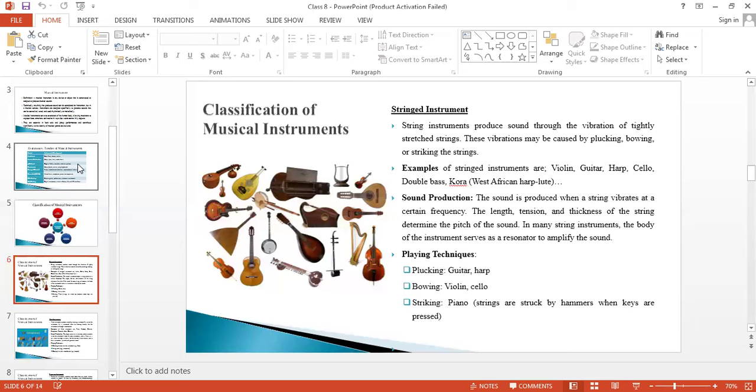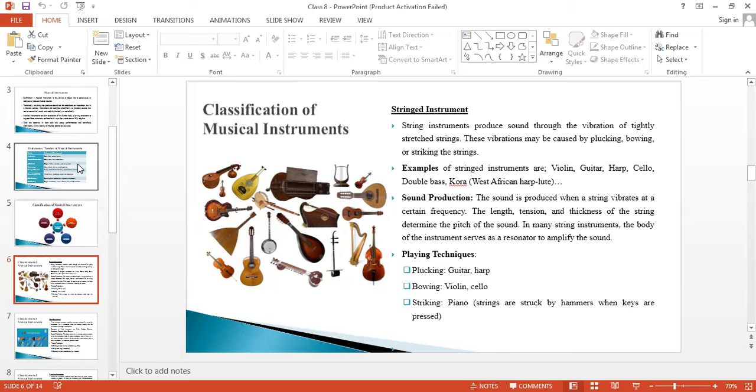String instruments are instruments that produce sounds through vibration of tightly stretched strings. So they are characterized by strings. Examples of these are the violin, guitar, harp, cello, double bass, and the kora, which is the West African harp lute.